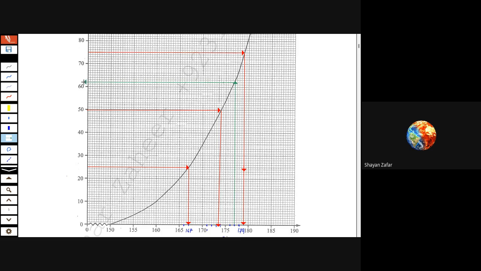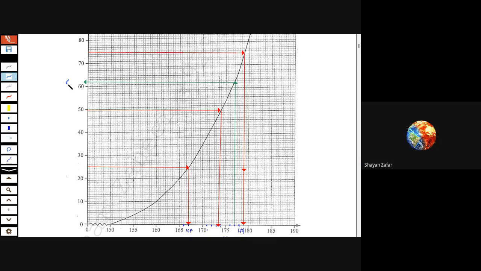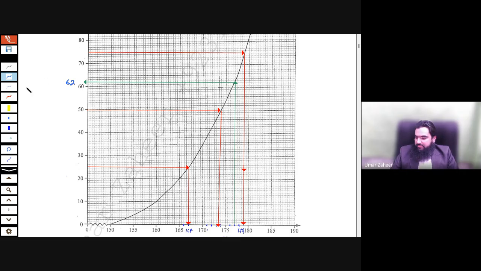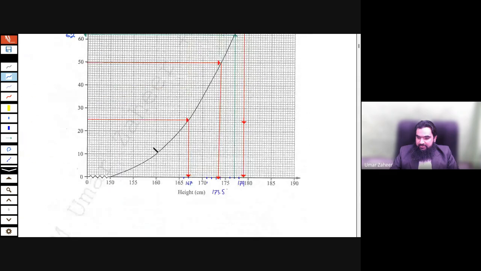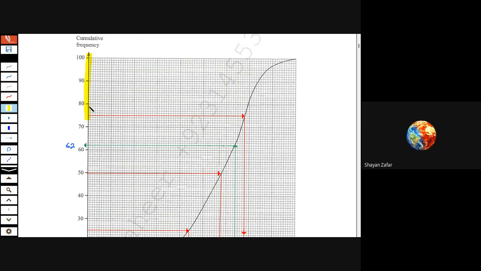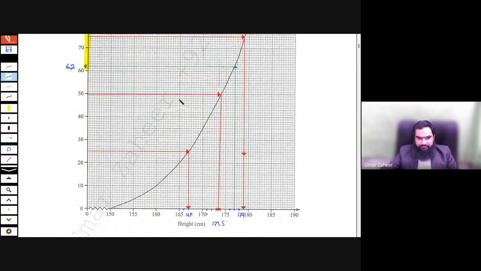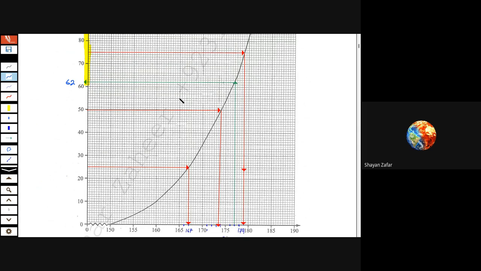The reading is 62. But the question asks for greater than 177, which means the upper portion above 177. So we need 100 minus 62.